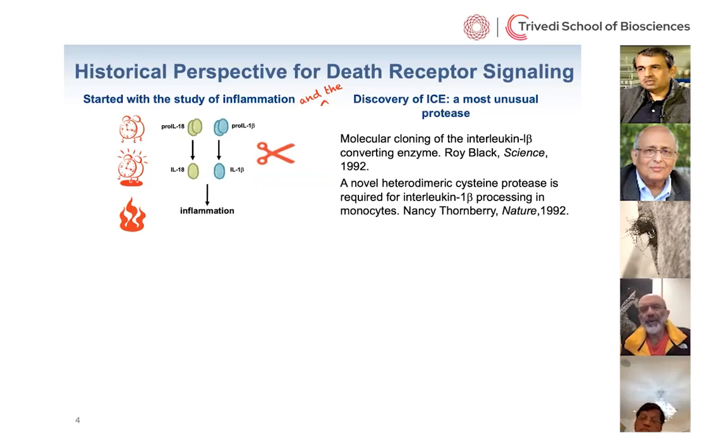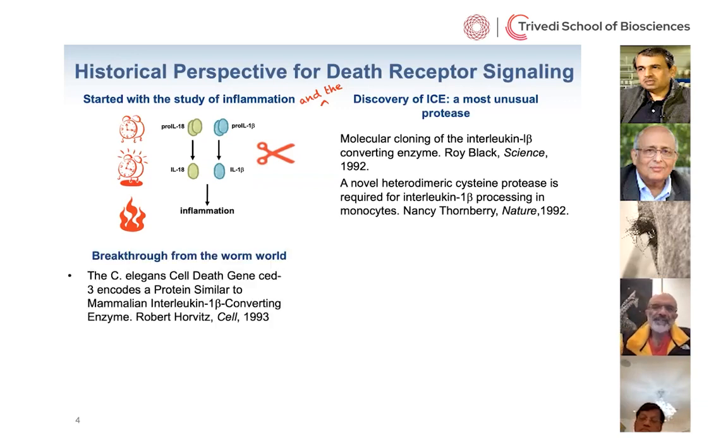Now, they didn't know that there was a basic research lab at MIT, that of Bob Horvitz, devoted to defining the cell death pathway genetically in worms. In particular, they had defined this all-important, centrally important death component that they called CED-3. And it was mysterious. They didn't know what it did.